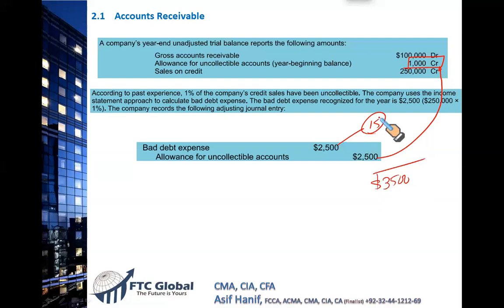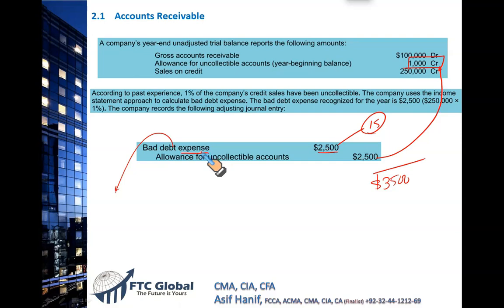Now, one important point you need to understand right here. This bad debt expense is the bad debt estimate. Yes, he can pay you in the future, but that will be discussed in a few slides later. Bad debt expense here, I have charged this 2,500 to income statement. This is estimated bad debt, not the actual bad debt. Please make very clear distinction between the bad debt expense or estimate and the bad debt actual.